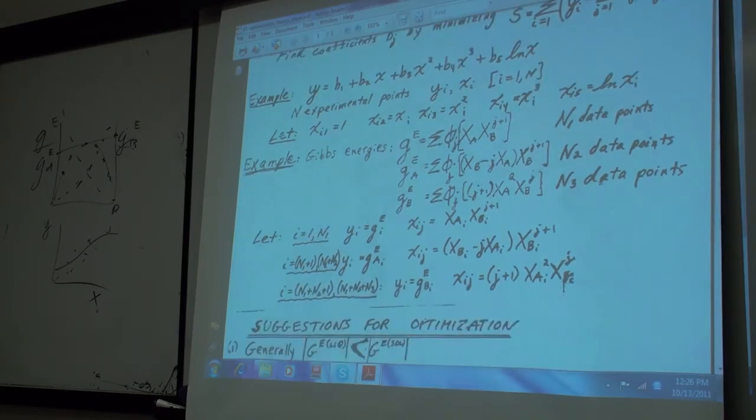Okay, so I number my data points from 1 to n. For the data points from 1 to n1, the dependent variable is GXS, and the independent variable is this. For the data points numbered n1 plus 1 to n1 plus n2, my dependent variable is GXS of A, and my independent variable is this.